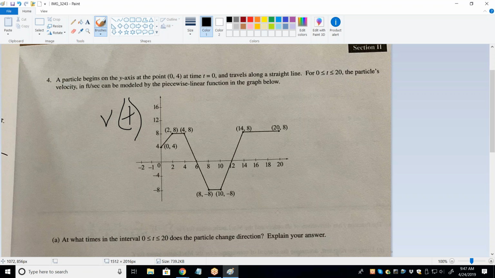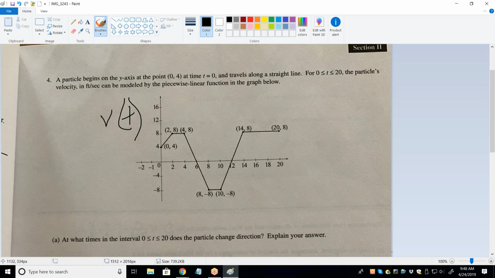And the particle is moving in 2 dimensions or not? Am I interpreting this wrong? A particle begins on the y-axis and travels along a straight line. By that, do they mean it travels along the y-axis?